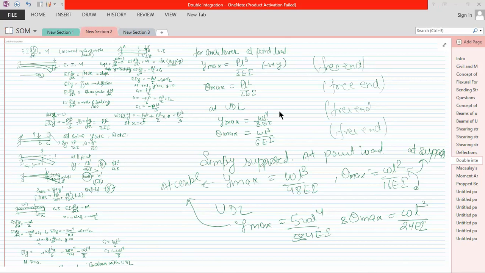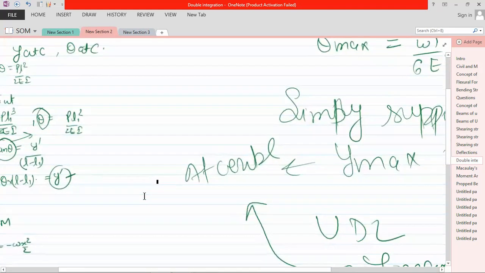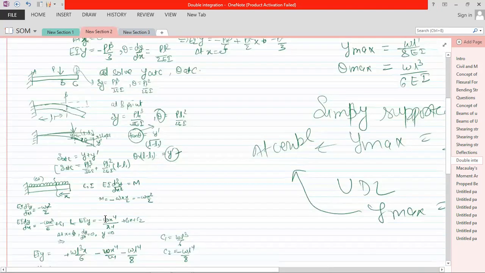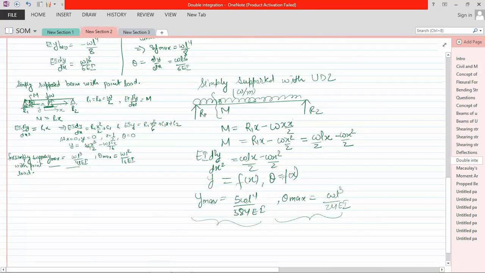Sir, just a confirmation: both y maxes of simply supported are acting at the center? No, this is simply supported for point load and this is for UDL. But both y max are at the center and theta max at the supports, the same. Yes, if you see the deflection, it will be like this.